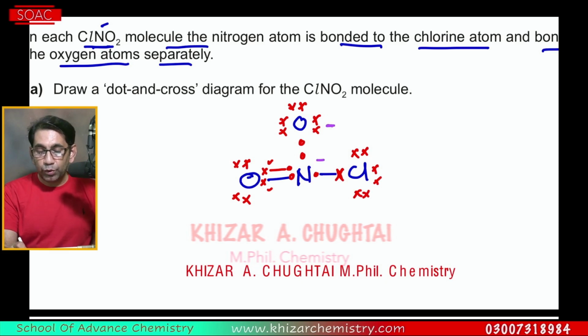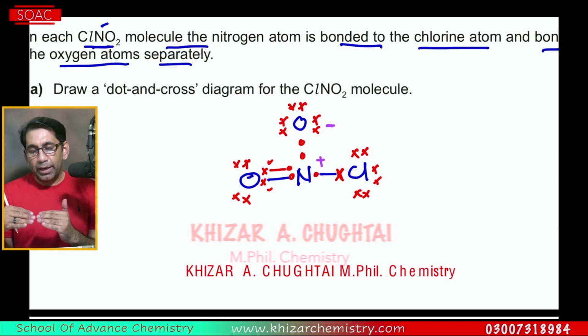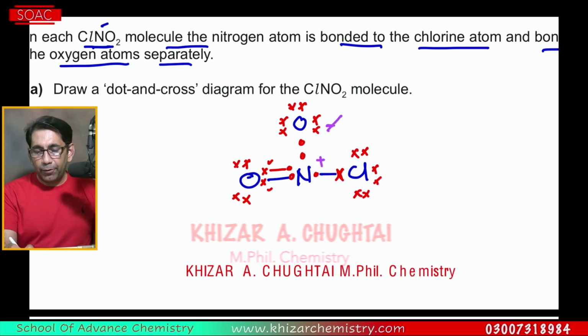And as I told you, whenever the nitrogen is making 4 bonds, it is going to have the positive charge. Whenever nitrogen and any other atom, or any 2 adjacent atoms, have positive and negative charge, they will finally cancel out. So finally, this is the dot and cross diagram.